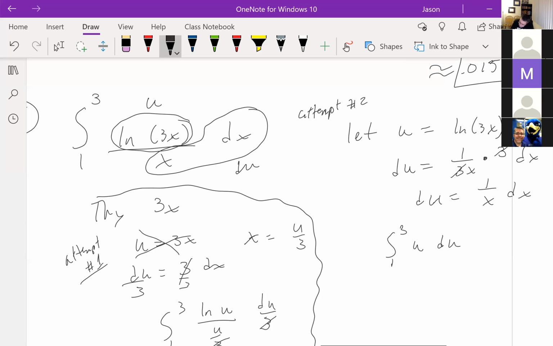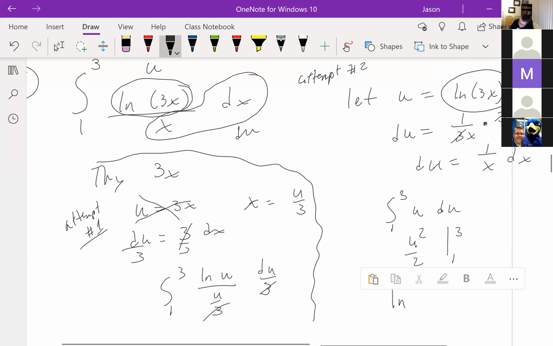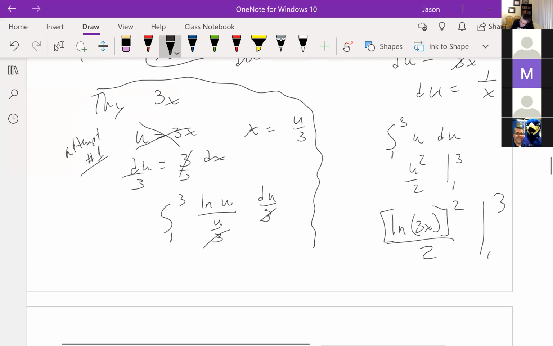Well, what's the integral of u? Well, that's just u squared over 2. Integrate from 1 to 3, but I can't plug the numbers back in until I put in what was the u. So this is going to be the natural log of 3x, quantity squared over 2. Now I can plug back in the 3 and the 1.